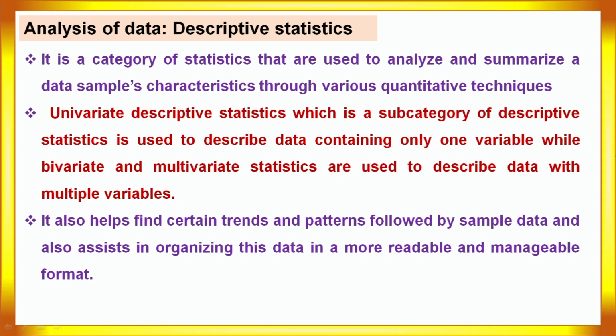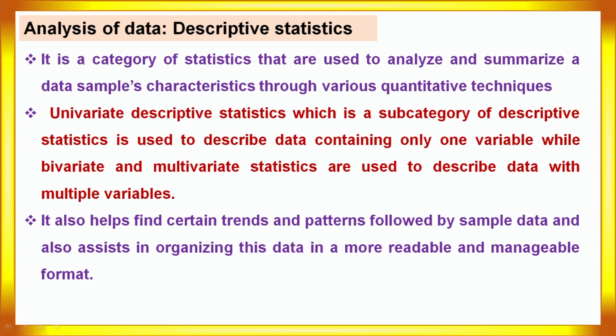Descriptive statistics is generally used to analyze and summarize a data's characteristics, or the sample data characteristics, through various quantitative techniques. We will look into what those techniques are, but descriptive statistics may be univariate, which is used only for describing data that contains one variable, or it may be bivariate or multivariate depending on the number of variables.